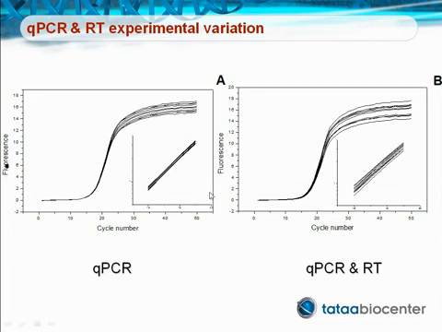The inserts show enlargement of the qPCR response curves in log scale. The substantially higher reproducibility of the qPCR aliquots in the left panel compared to those of the RT aliquots reflects the much higher reproducibility of the qPCR reaction compared to the RT reaction.